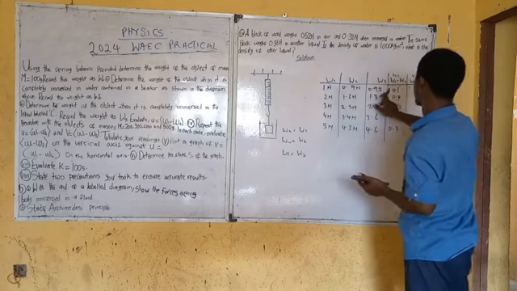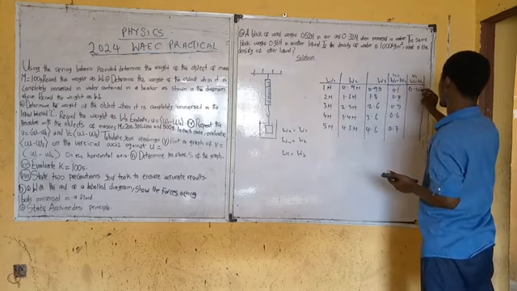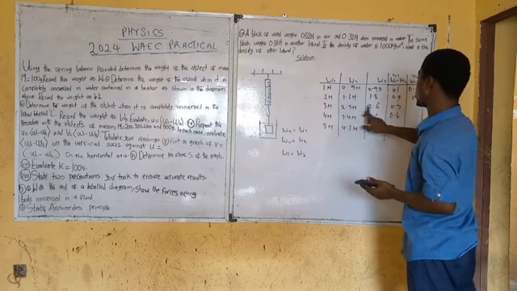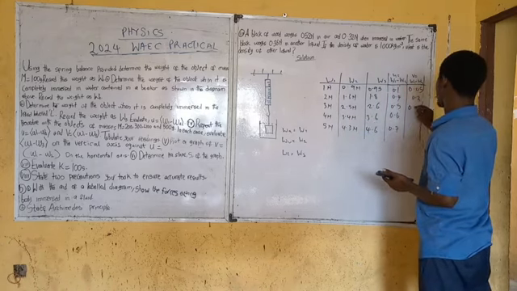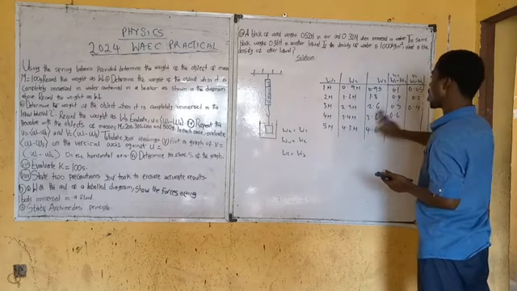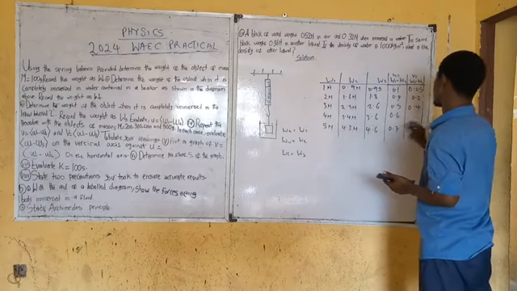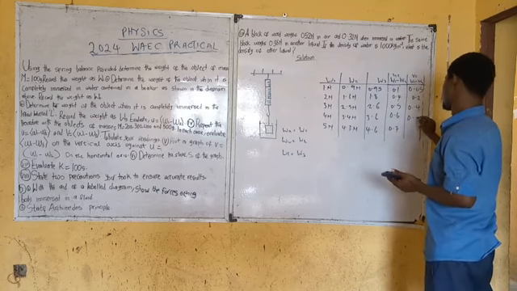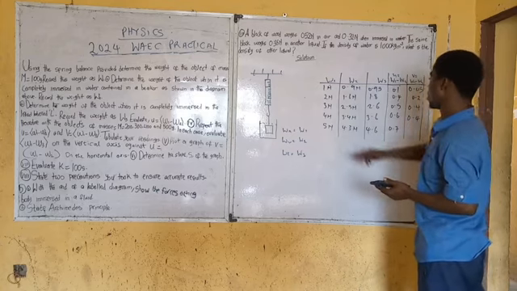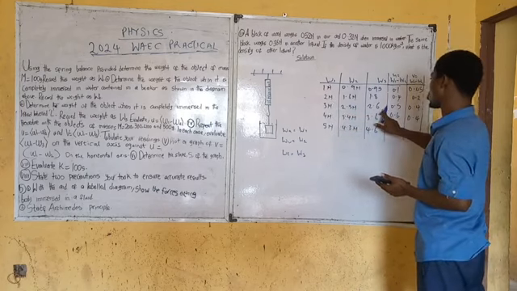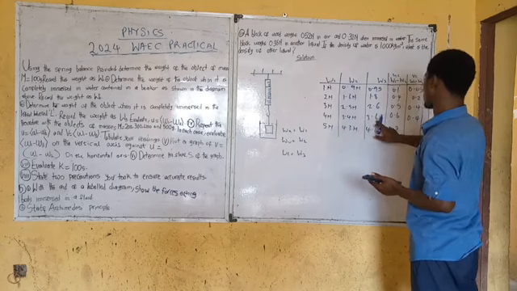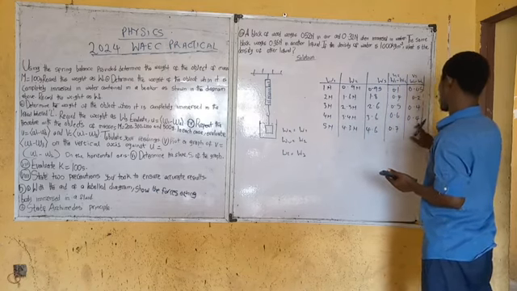Also W1 minus W3, so we have 0.05. We have 0.2. 3 minus 2.6, we have 0.4. 4 minus 3.6, now we got 0.4.